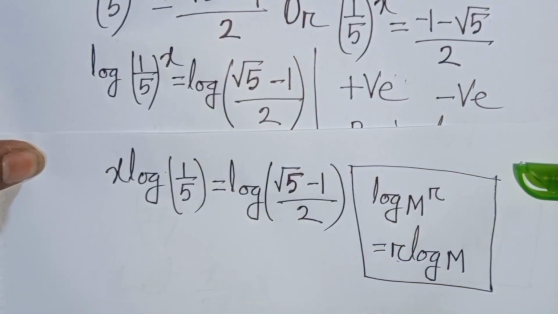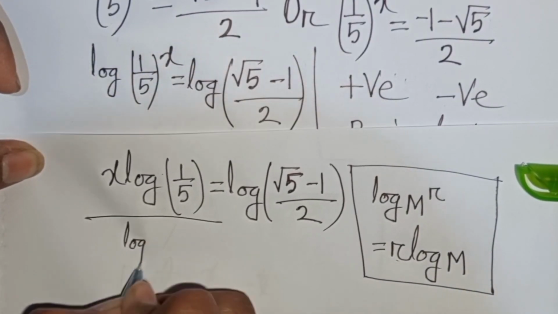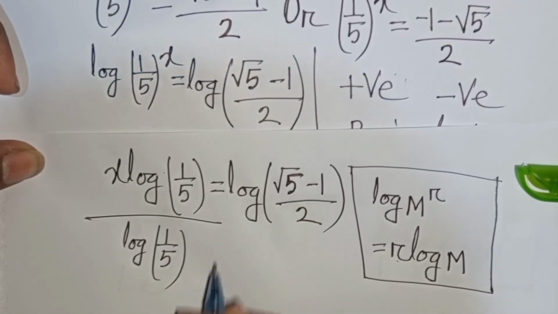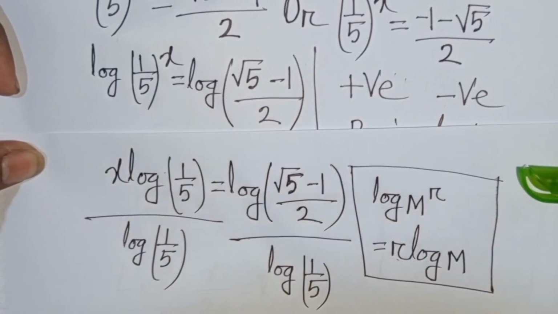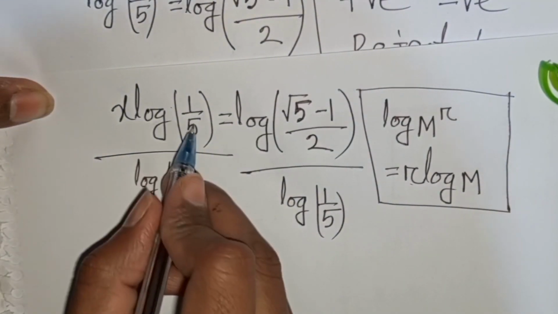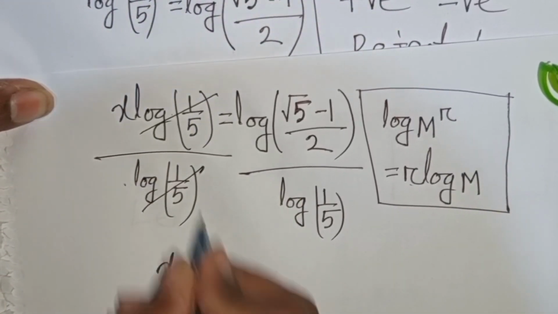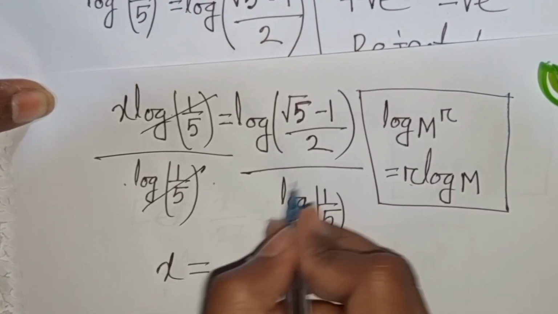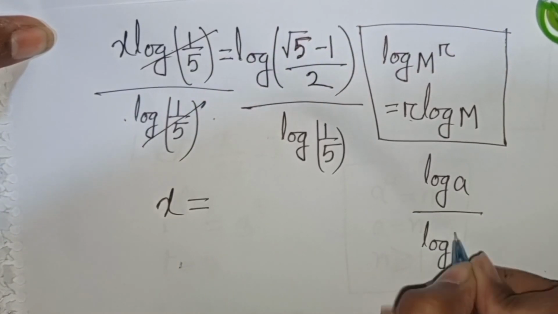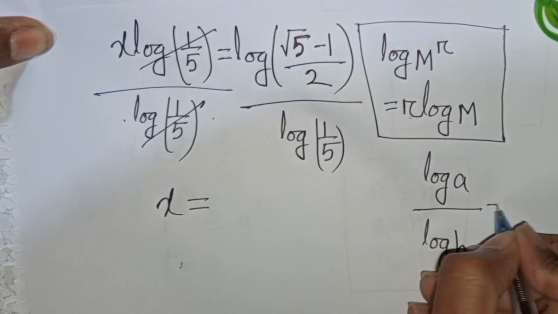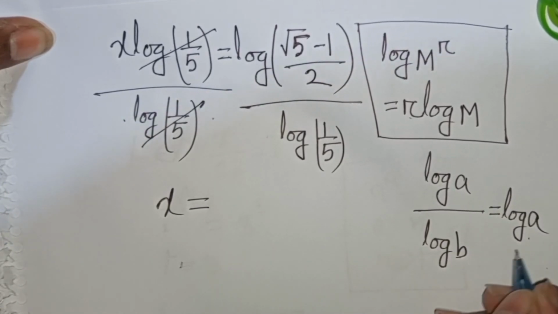Now we need the value of x, so we divide by log of 1 by 5 on both sides. Now we see this log of 1 by 5 will be cancelled. So here x will be equal to, here we can apply this formula: log a divided by log b is equal to log a base b.